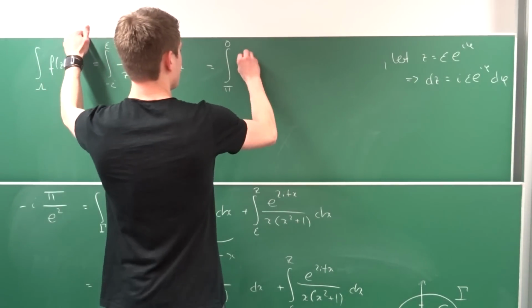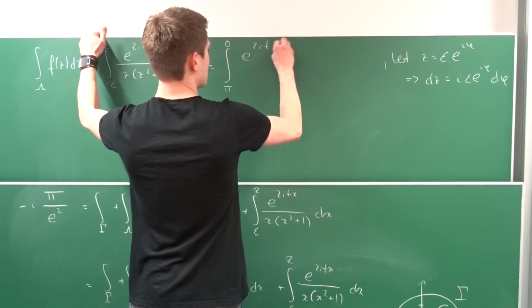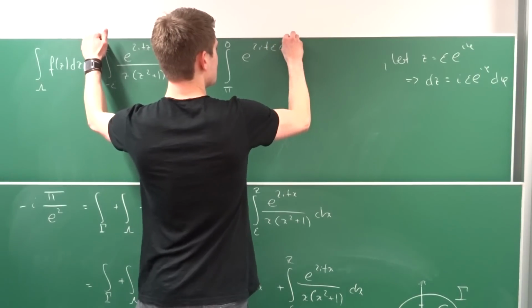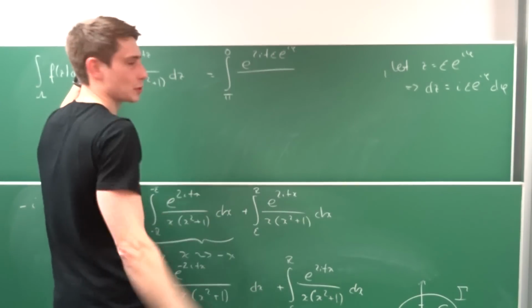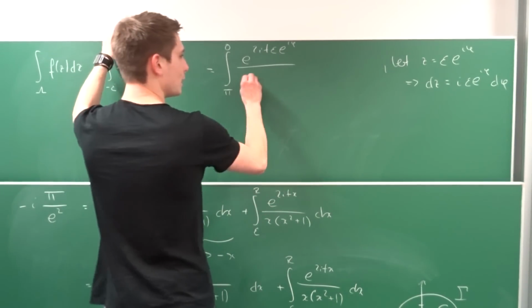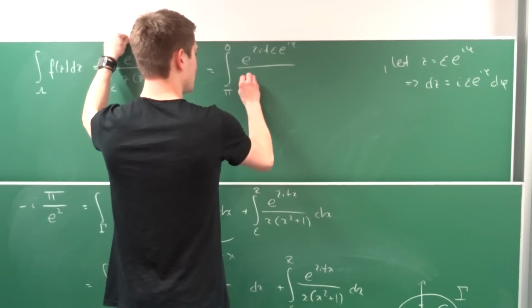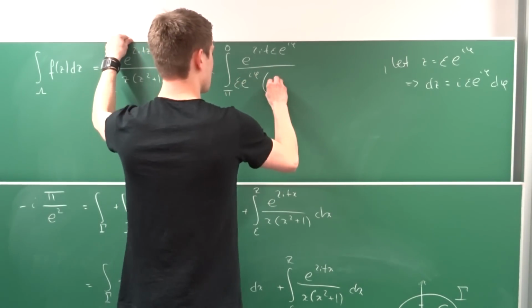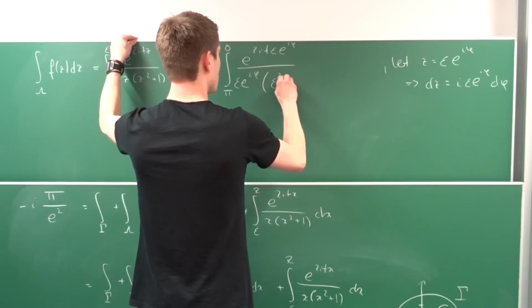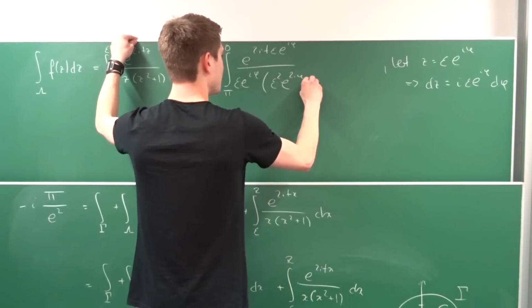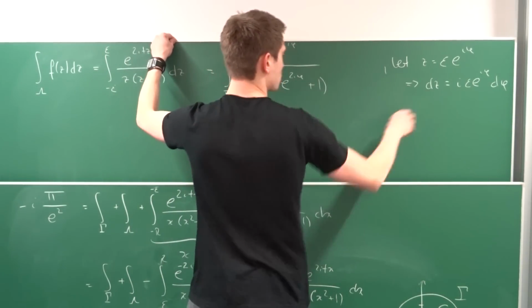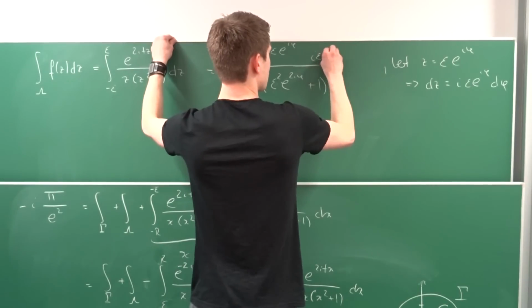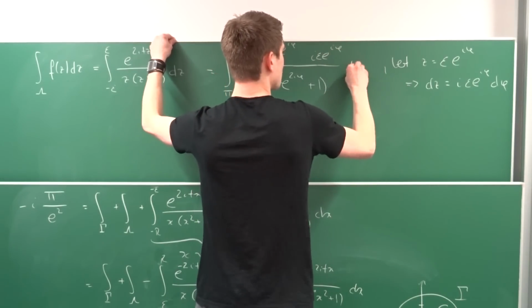Okay, so now we have e to the 2 I t times epsilon e to the I phi. That looks absolutely weird. And also we have e to the I phi, and also an epsilon right here, times epsilon squared e to the 2 I phi plus 1, and also we have this term right here, I times epsilon e to the I phi d phi.